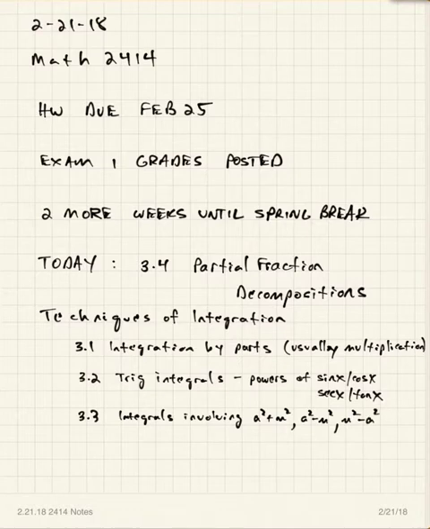And the technique we evolved for approaching those kinds of integrals was to use what we call a trig substitution. And we looked at several examples in lecture last time of trig substitutions to try to evaluate an integral that involves one of those kinds of quadratic expressions.